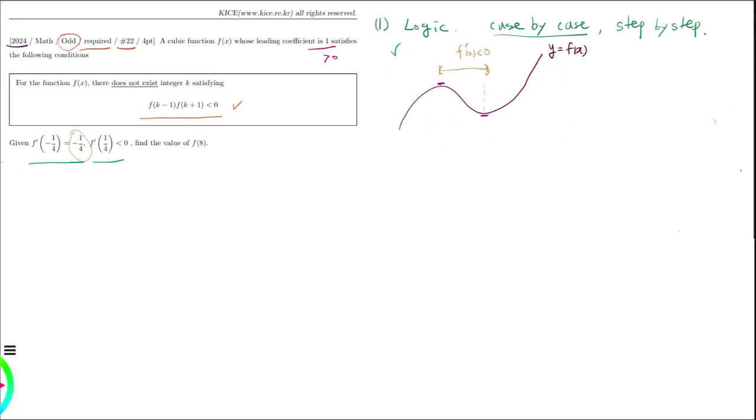So let's assume that we have the x coordinate here, and then around here we have negative 1/4, and for positive 1/4 its derivative is also negative here, and there's a 0 integer between negative quarter and positive quarter.